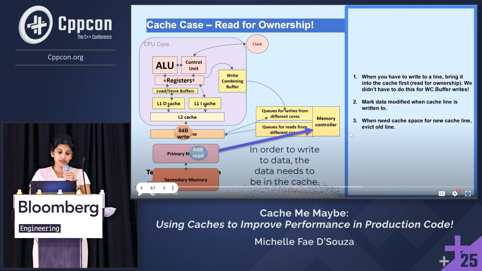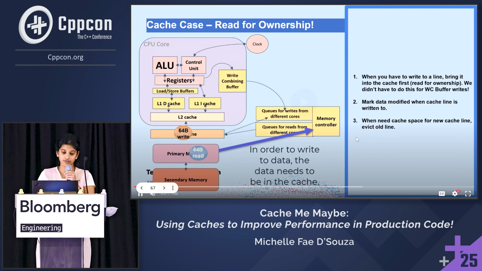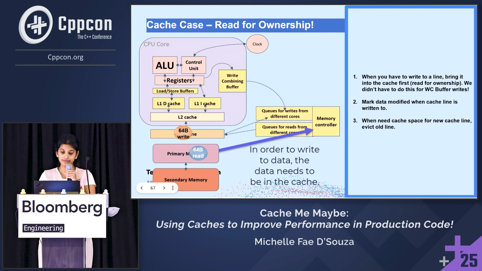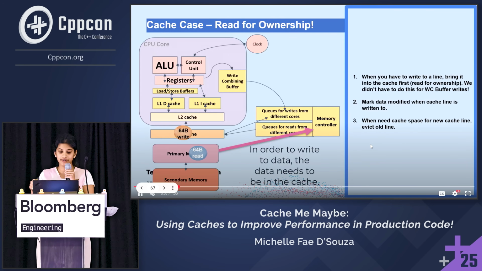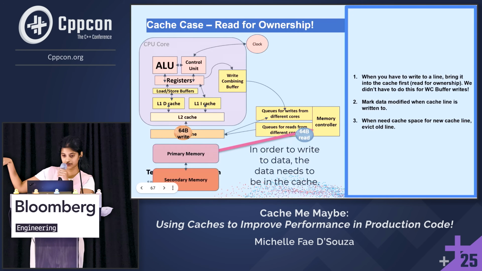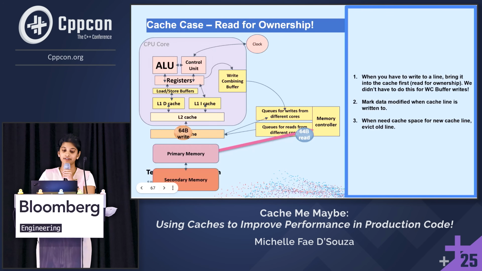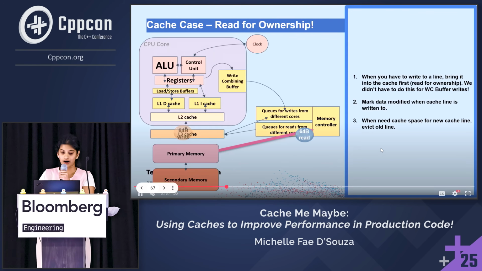And because of that, we're going to first read the data from wherever it is, bring it into our memory controller. So that 64-byte read is going to go along that and reach our memory controller, and it will eventually be sent to our cache.